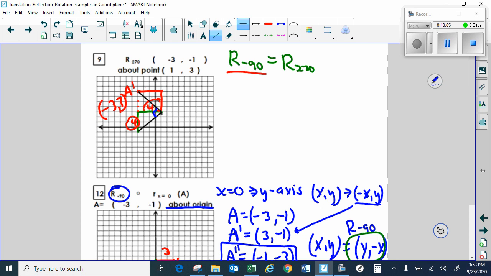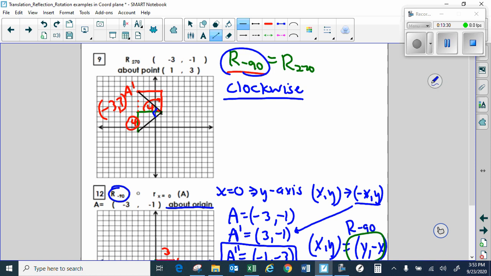So now the question is, did I do it in the right direction? You've got to remember -90 is clockwise. On the DCAS, remember, as I've told you, they will say rotate 90 degrees clockwise or rotate 90 degrees counterclockwise. They won't use the positive or negative 90. They'll say clockwise and counterclockwise. So you do have to know your directions of clockwise and counterclockwise.